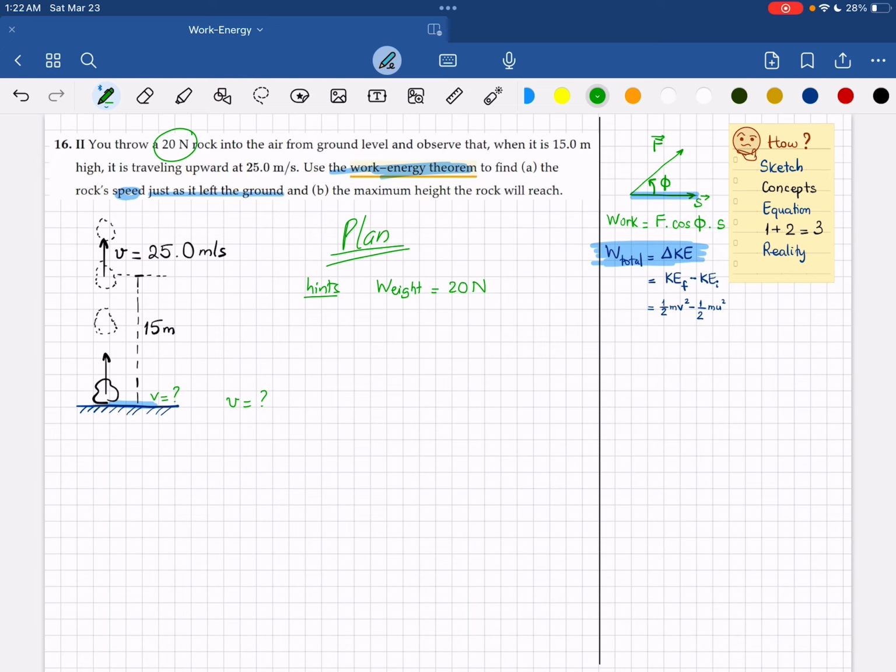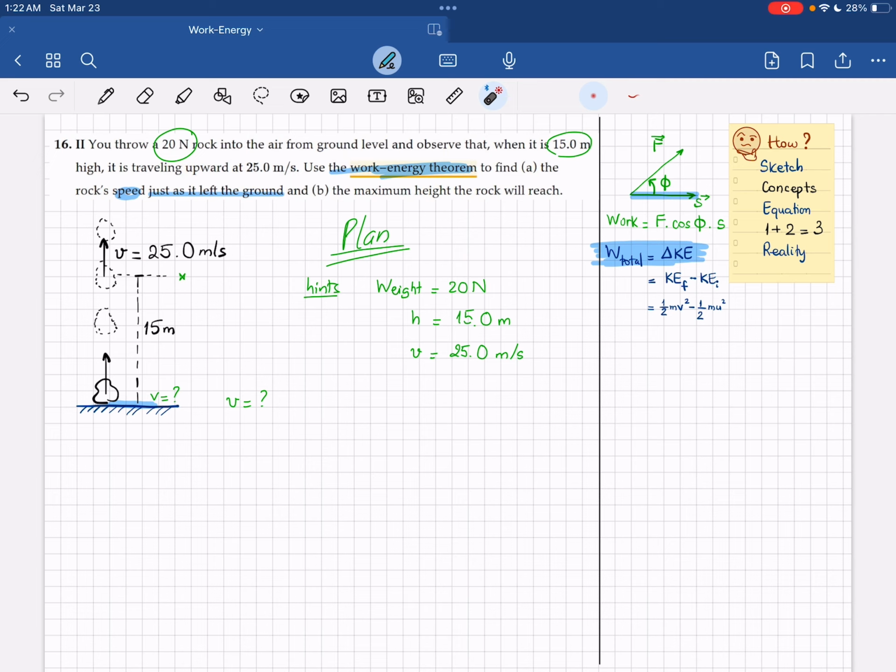So let's just summarize the values they have in the problem statement. 15 meters high, this is this position, that will be the height of 15.0 meters. The velocity over there is 25.0 meters per second. Okay, so we are given three values, three numbers, and then they ask us to find the v here.